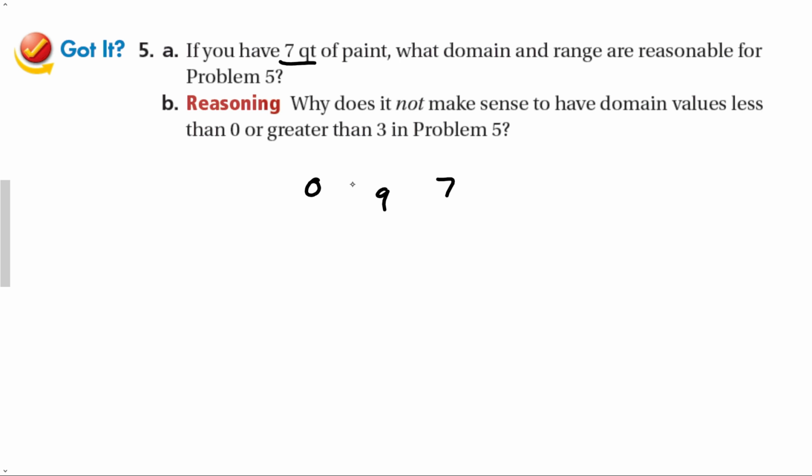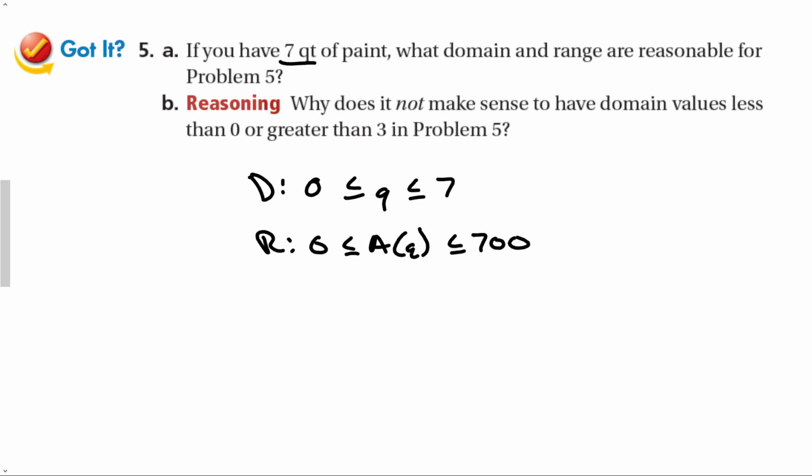Okay, so the way we say that is 0 less than or equal to Q, less than or equal to 7. Okay, because you could buy 0. You could use 0, you could use 7. Okay, so that's the domain. And my range becomes anything, right? The area of Q becomes anything from 0 to 700.